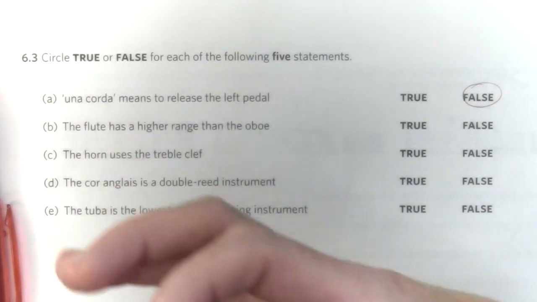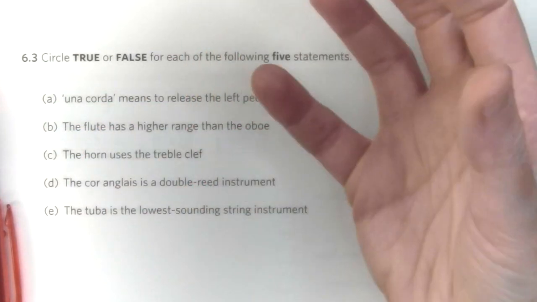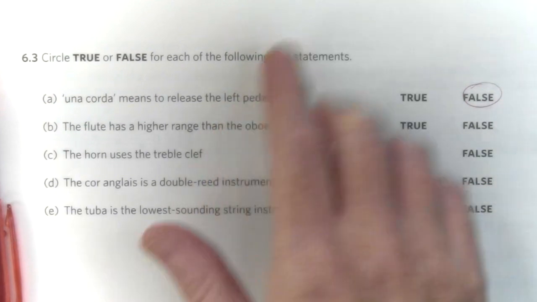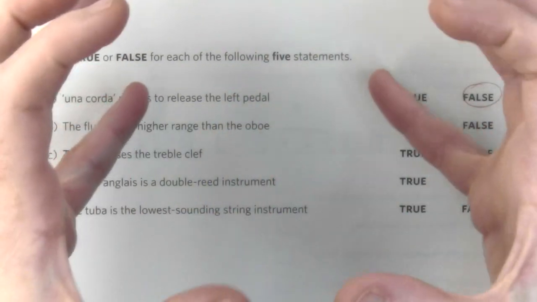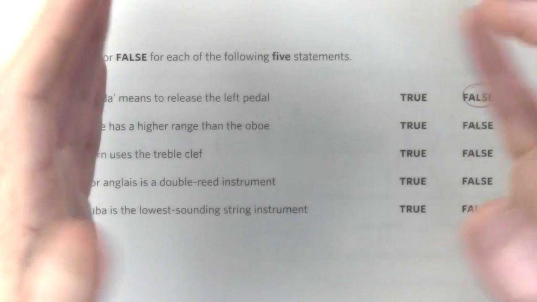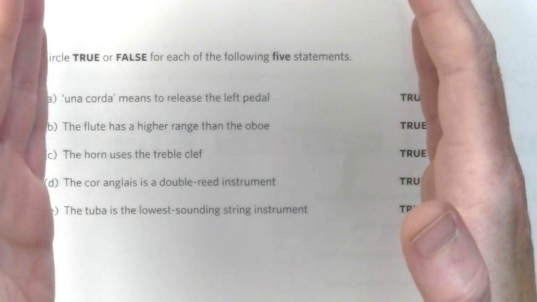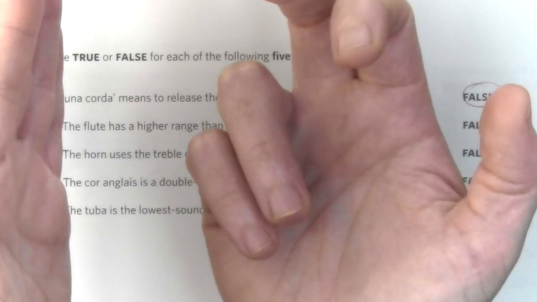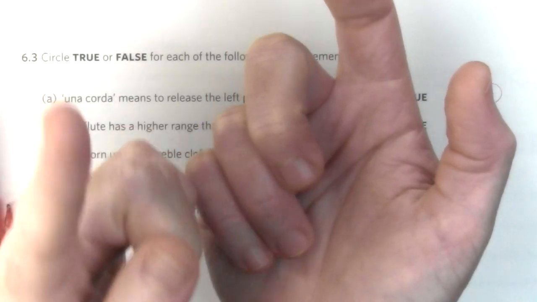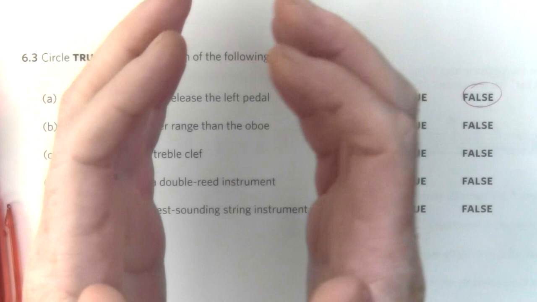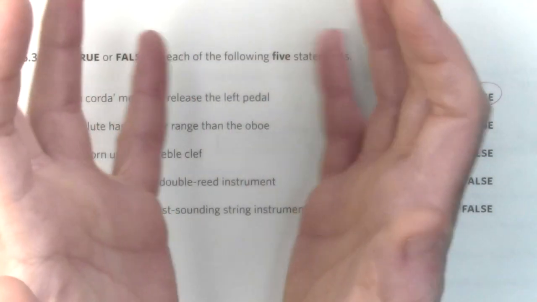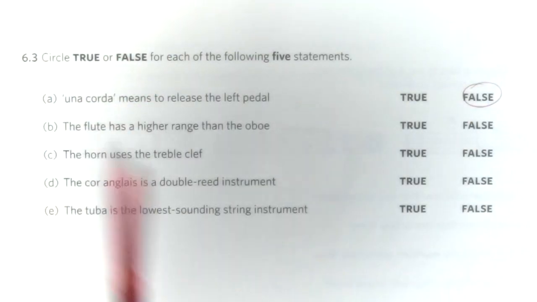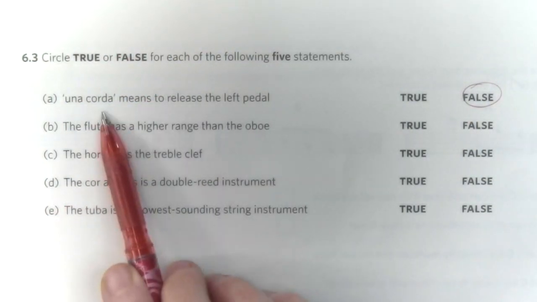And produces a rich sound. Now, when we use the left pedal, the keyboard, the mechanism inside, the action, shifts. So when the hammer hits, it doesn't hit 3 strings anymore, but just 1 string. So the sound is weaker. It's the same, but it's weaker. It's less rich. That's the meaning of this.